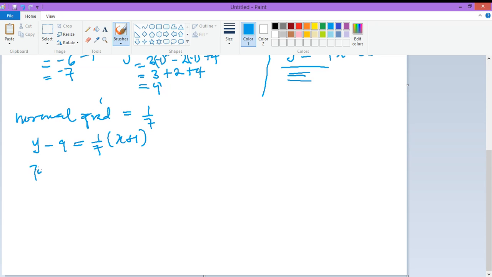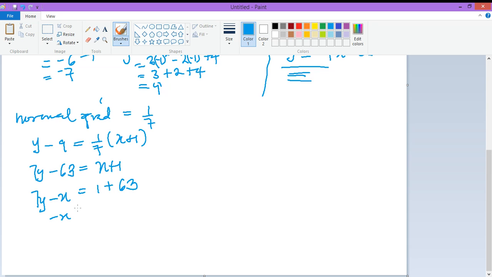Clearing the fraction, we have 7y, then 9 times 7, which is 63, equals x plus 1. We can arrange this in the general form. So we'll send everything to the other side. We have 7y minus x is equal to 1 plus 63.